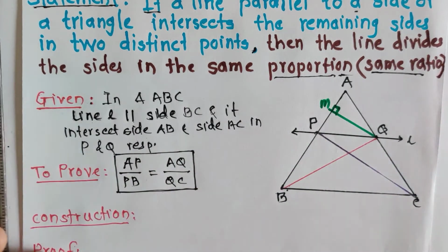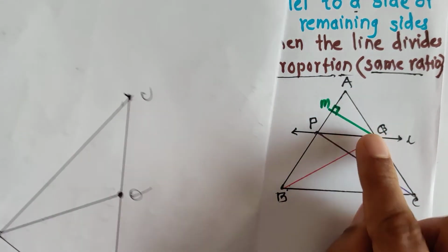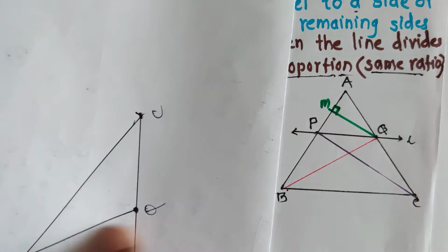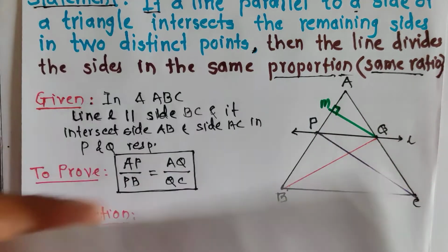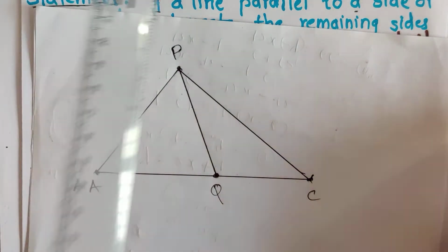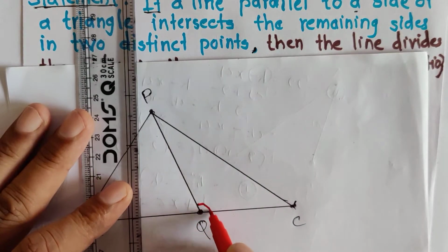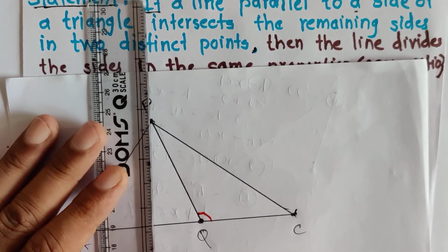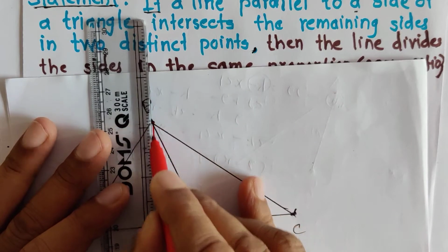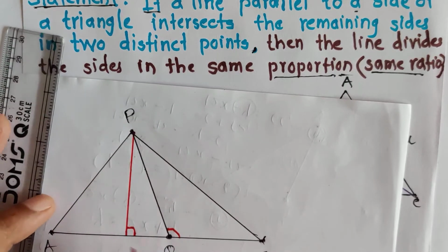Now same thing, if we consider this figure, triangle APQ and CPQ, and try to draw the perpendicular, meaning the height. This is the obtuse angle, and therefore the height of that triangle on side QC is here, outside the triangle, in the exterior of the triangle, and for APQ the same height.